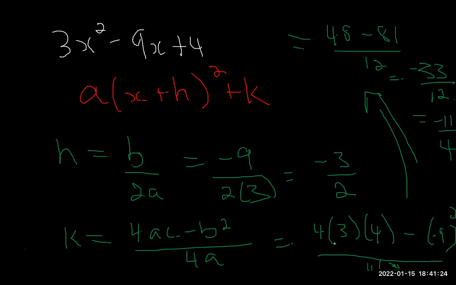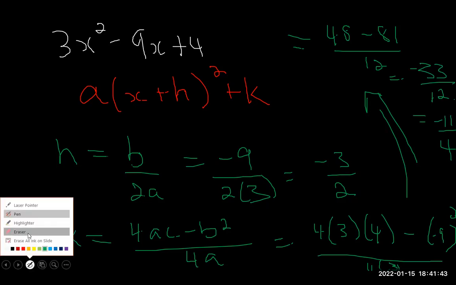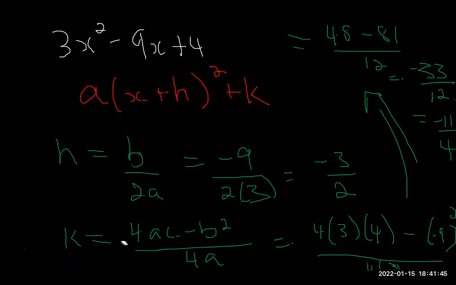Everybody good with that? Yes, miss. Yes, ma'am. All right, so now we have our values for h and k. That's all we need to complete the square this way. So let me erase this. Can I erase the green part?